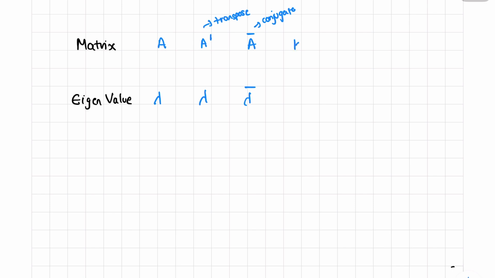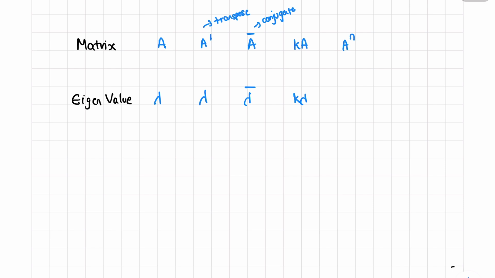If the matrix is multiplied by any coefficient, then its eigenvalue will also be multiplied by the same coefficient. Next, it is a very important property that of A raised to n.